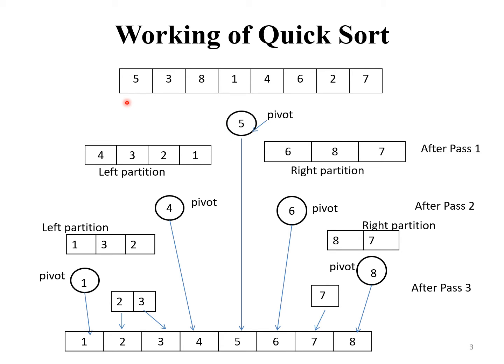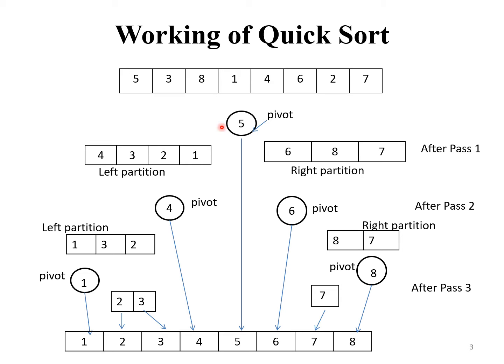So first we find out the appropriate place for this pivot element. Quicksort is based on the divide and conquer technique. It means the array is divided into sub arrays, meaning the array is partitioned into two sub arrays, a left side partition and a right side partition. So now we first find the appropriate place for this pivot.